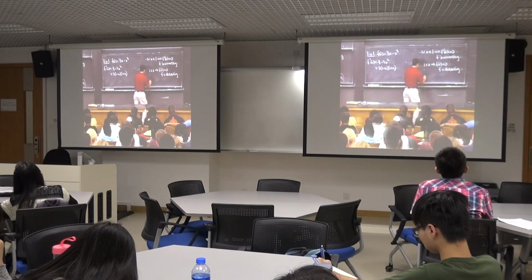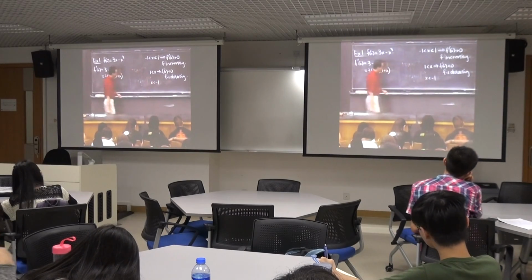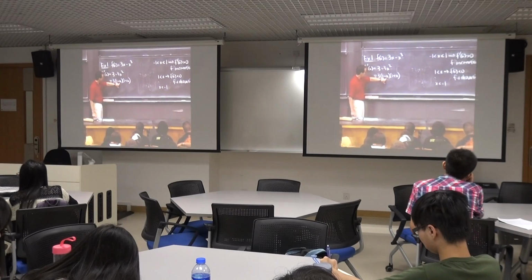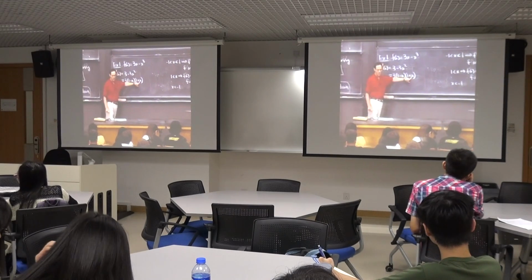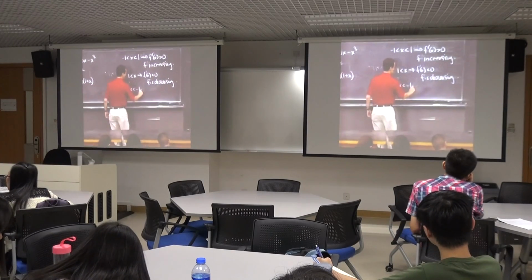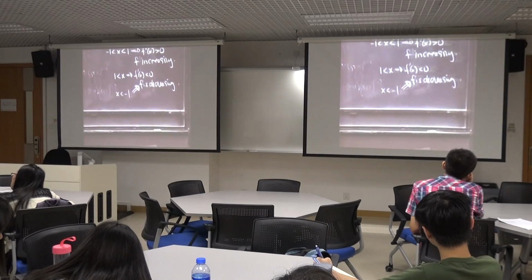And the same thing goes for the other side. When x is less than negative 1, this factor is positive, the other one is negative. Right? So in both of these cases, you get that it's decreasing.